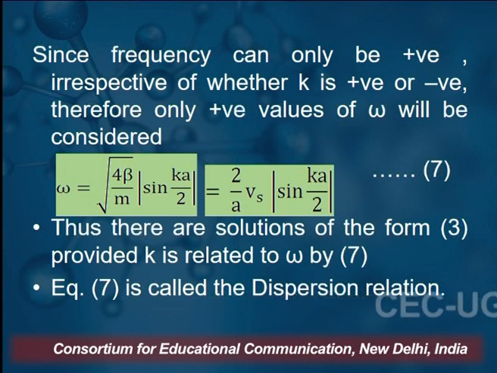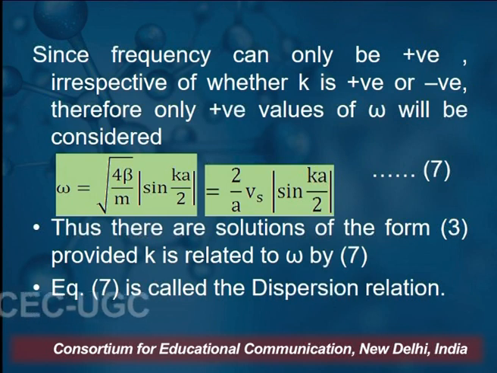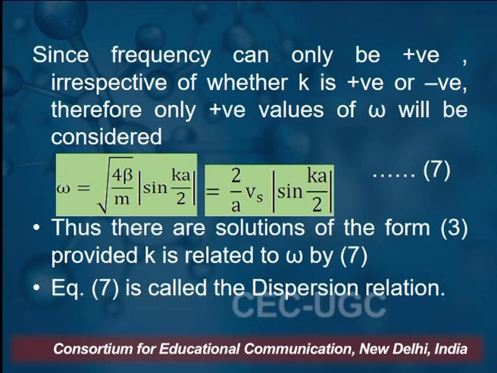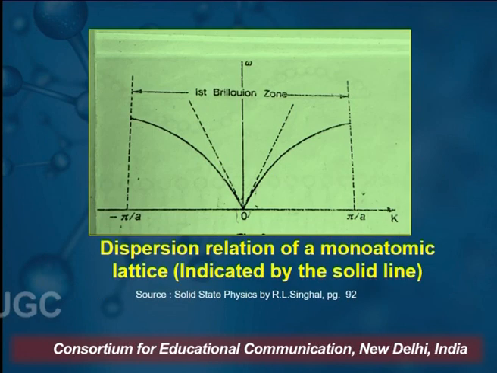These are the solutions of this equation number 7, which are the solutions of the form provided by the periodic function. This equation number 7 is now the dispersion relation for the monatomic chain of atoms.